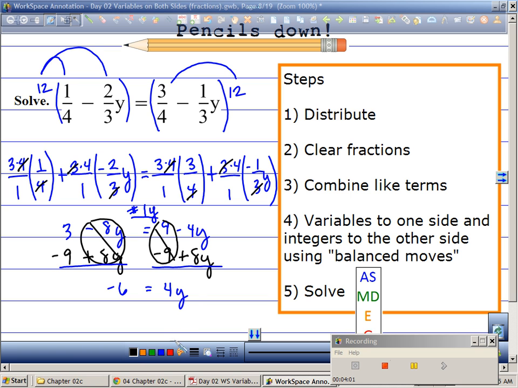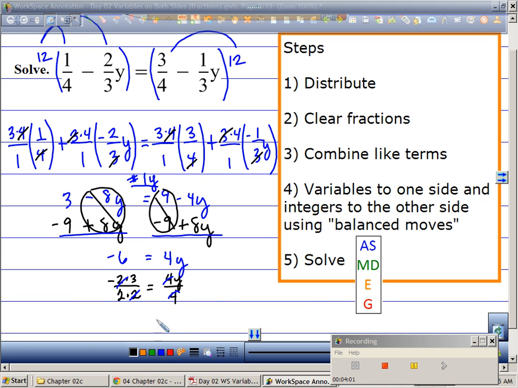Finally, I need to divide by both sides. So 4y divided by 4, negative, I'm going to break this up. Did I divide both sides by 4? I did. 2's go away, 4's go away, and I'm left with y equals, what's left over here?